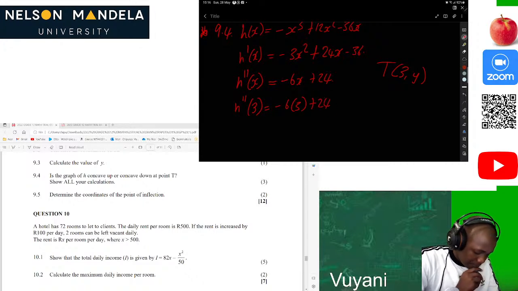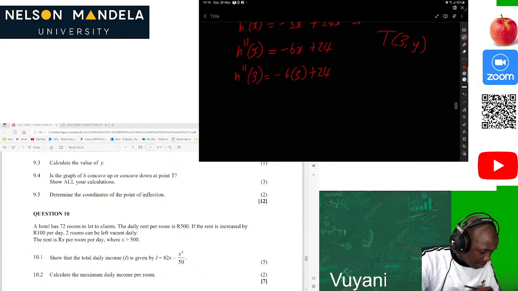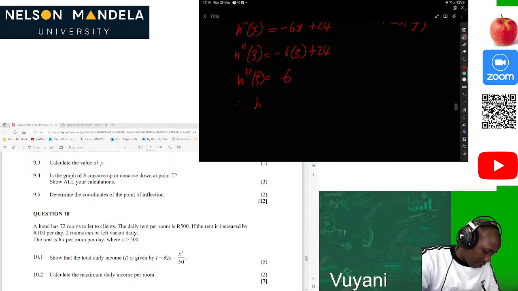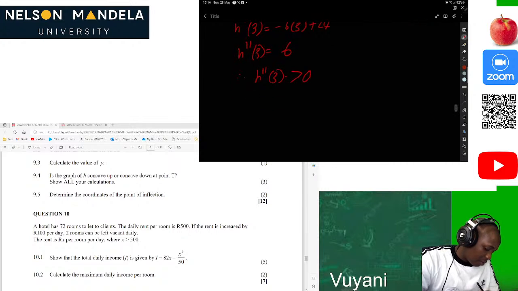That will be negative 18 plus 24. Then we can see that h double prime of 3 is equal to 6. Therefore h double prime of 3 is greater than 0, so h is concave up at point D.